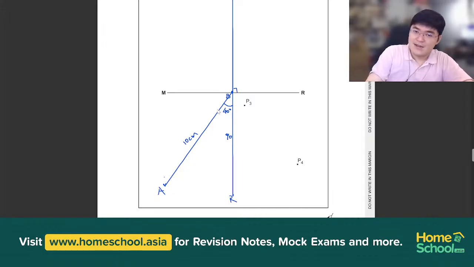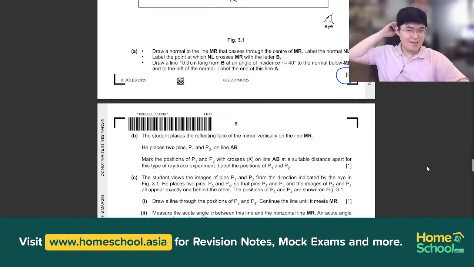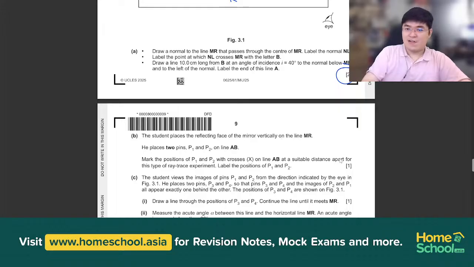So let's say point number 1 is here and point number 2 is very close to A over here. Okay, so let's call this P1 and let's call this P2. Okay, so now that is done, we should get our 1 mark.